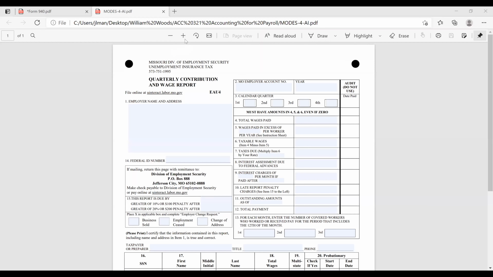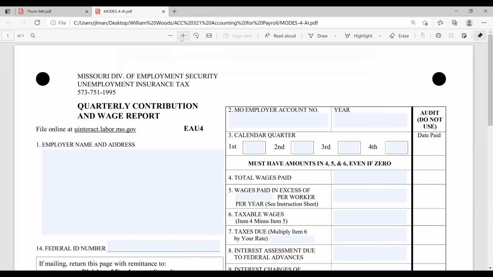And this one is actually when the Missouri taxes are being paid. So this is the quarterly contribution and wage report. It's document number 4.